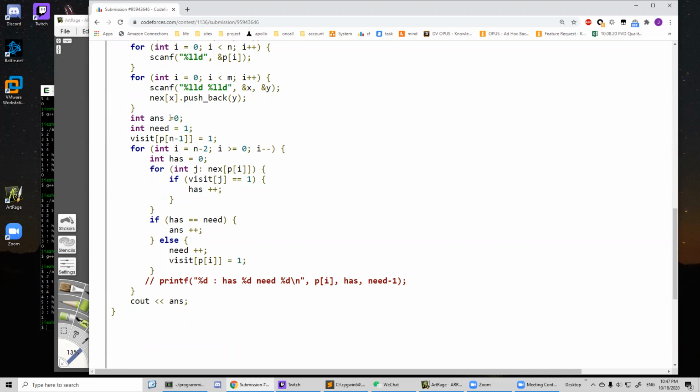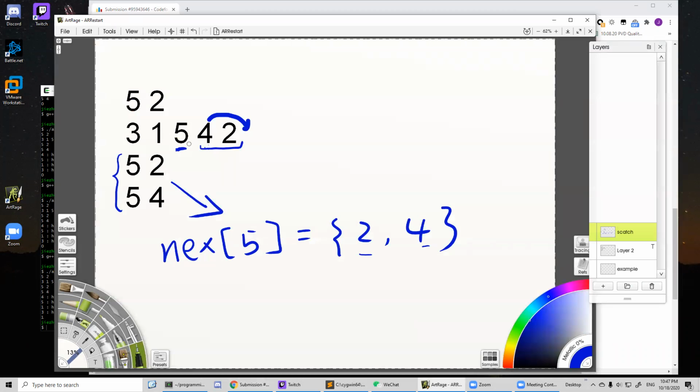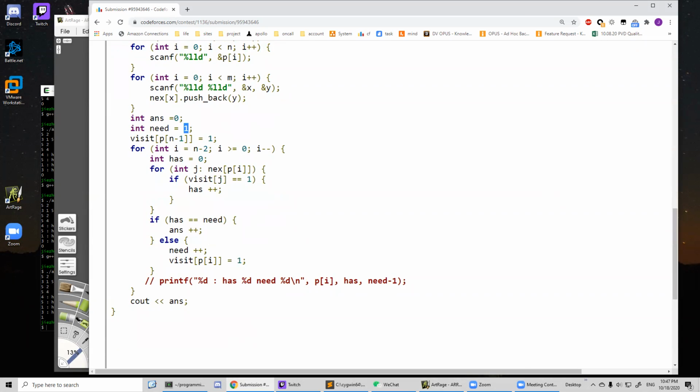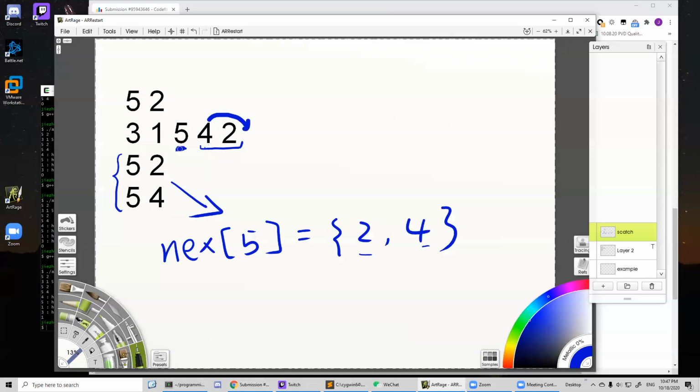And need here is the number of pairs that is needed for the current number to move to the right of the final digit, right? So in this case, 5 needs 2 pairs to reach the final point, right?